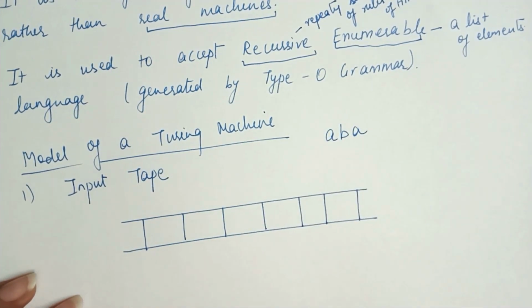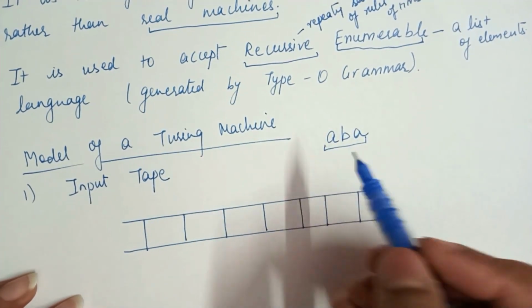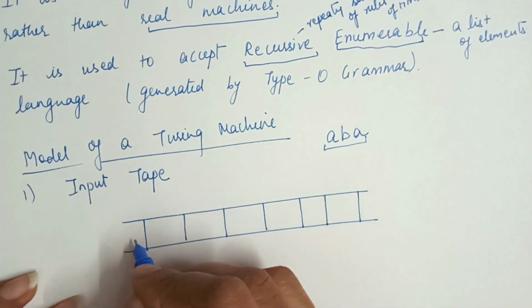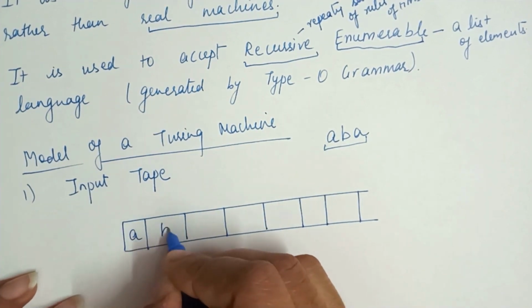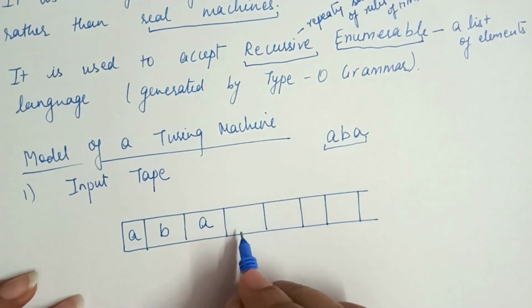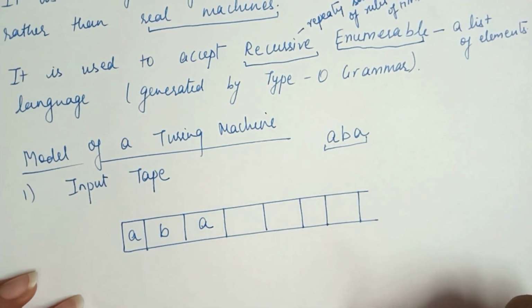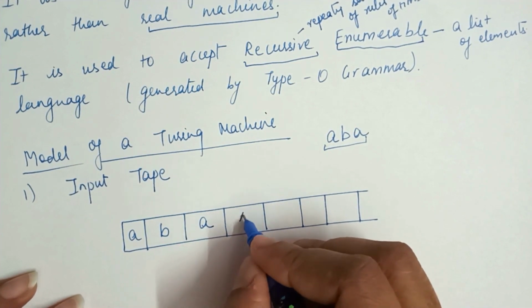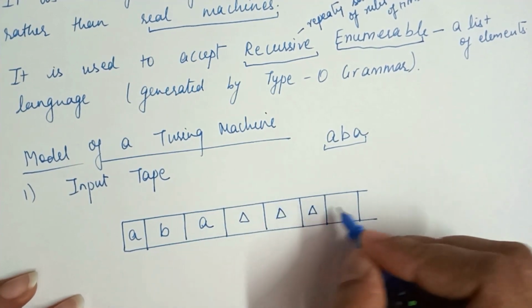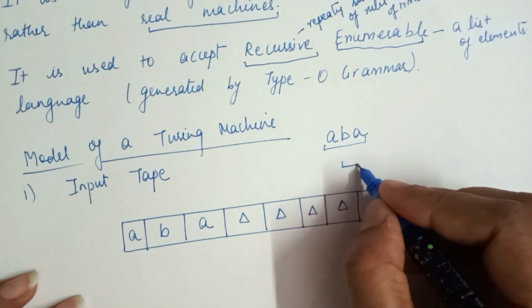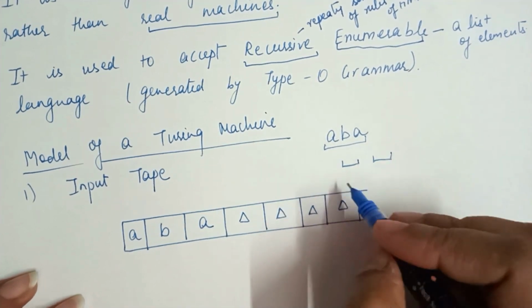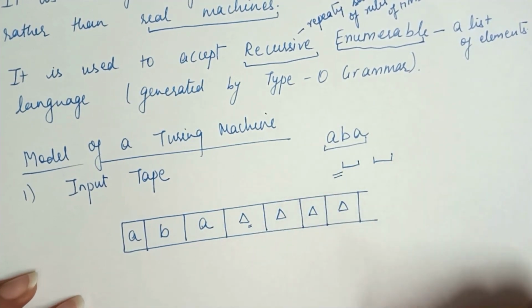This input string is filled into the input tape like this, A, B, A, and the remaining empty tape is filled by a blank character, which we denote by delta, and in some books the blank character is denoted like this. So you can use this or either you can use this.